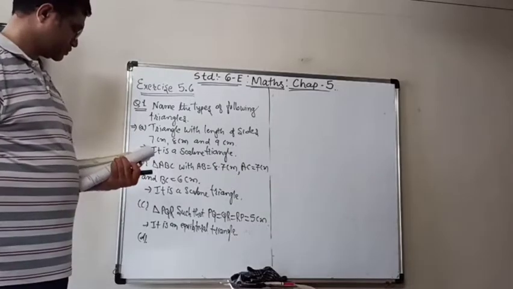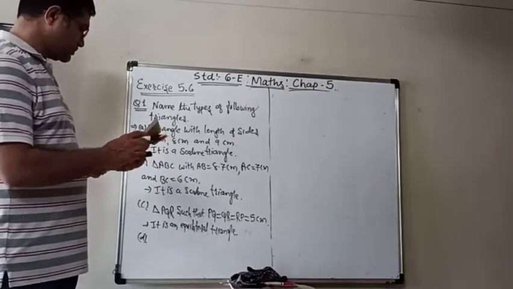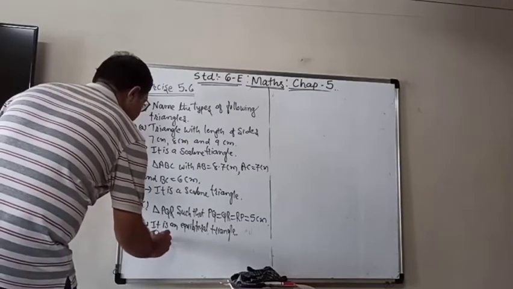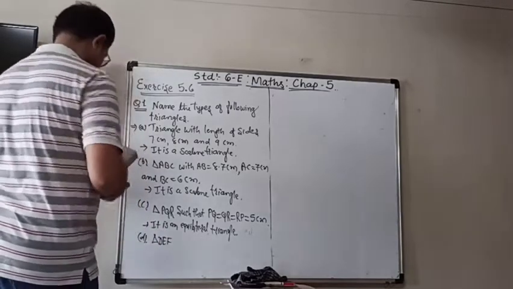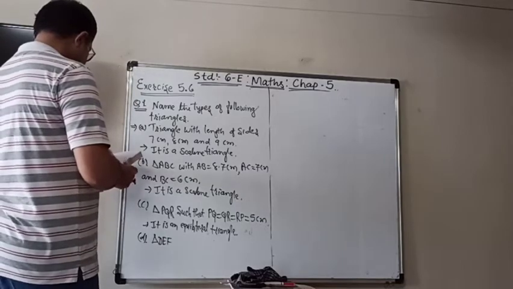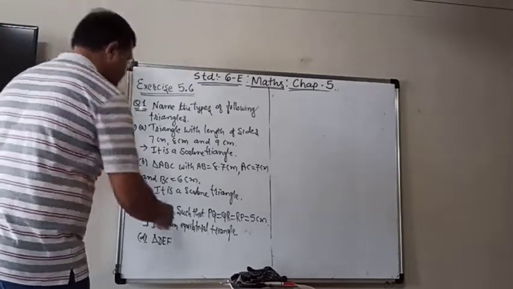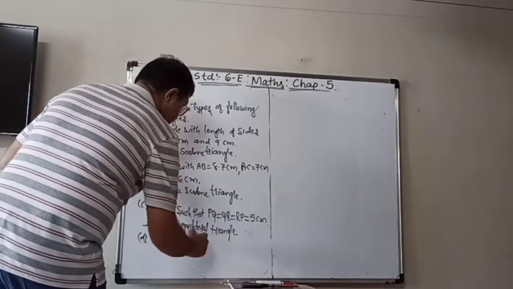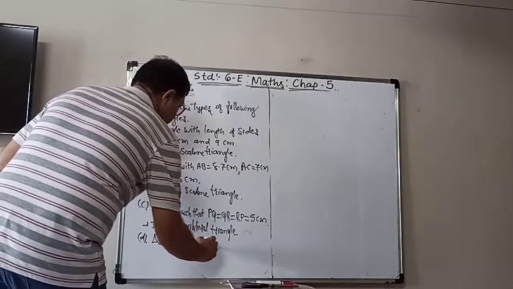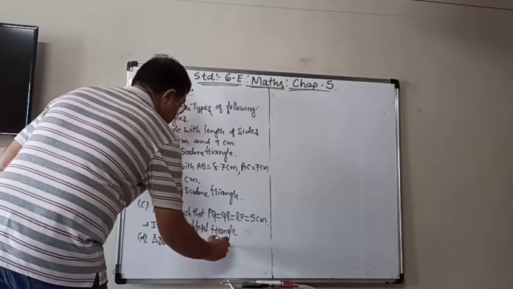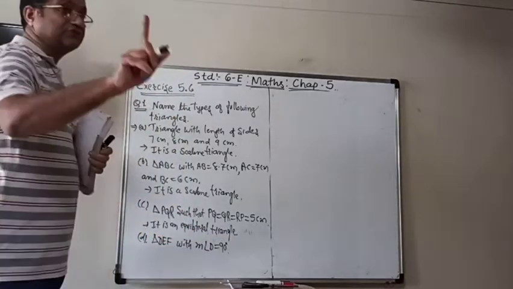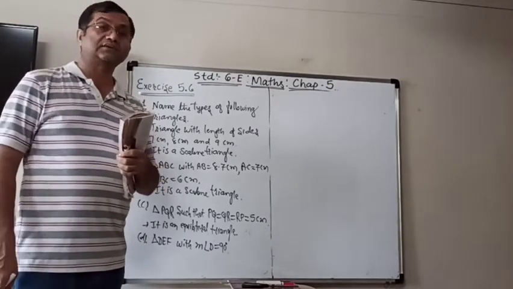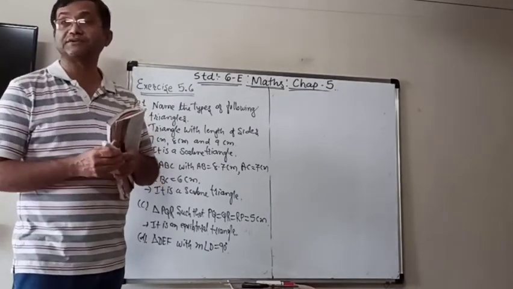D. In D it shows triangle DEF with measure of angle D equal to 90 degrees. Means one of the angles is a right angle. So if one of the angles is a right angle, what type of triangle is it?